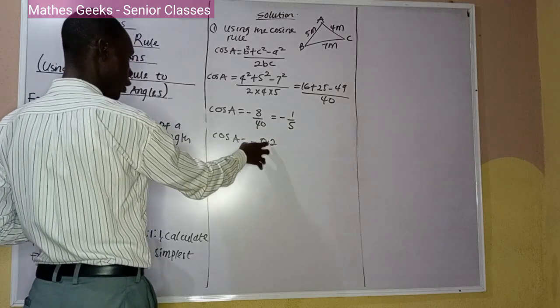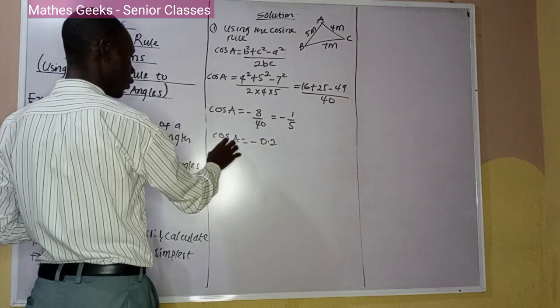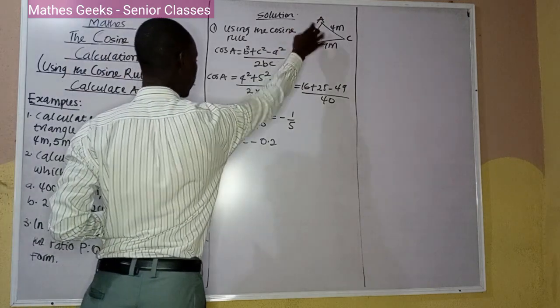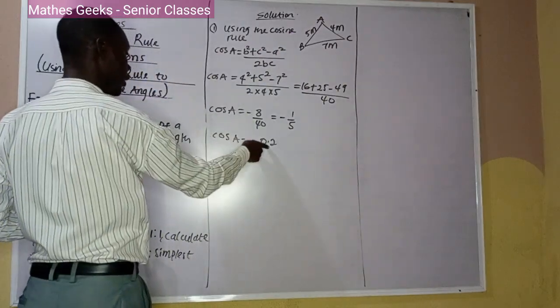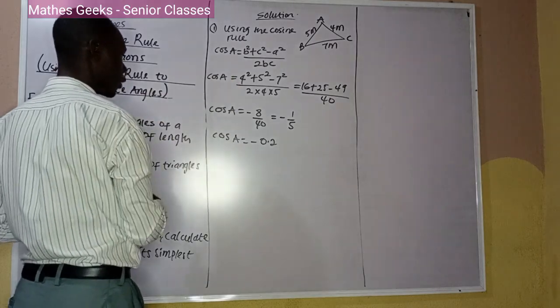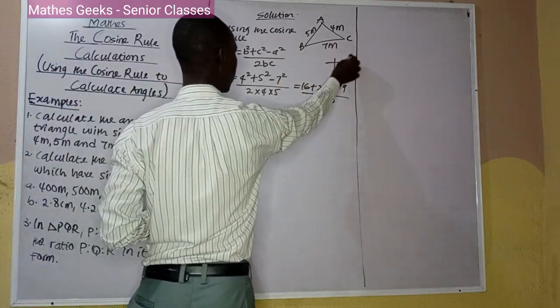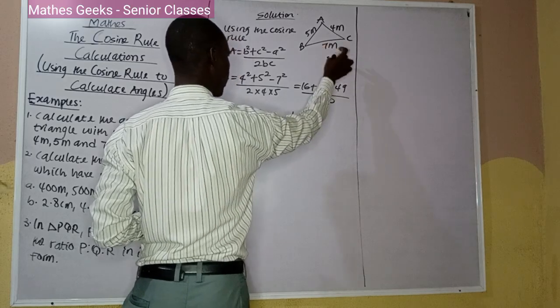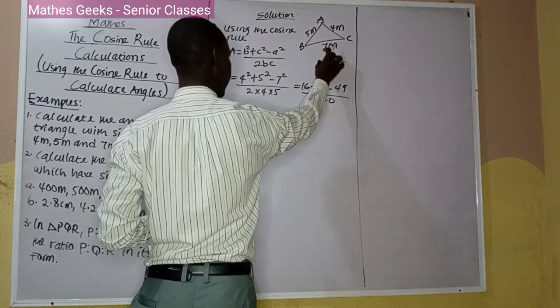The angle A has a cosine in the second quadrant, because in the second quadrant cos is negative. Remember your ASTC: cos is positive here, negative here, and negative here.